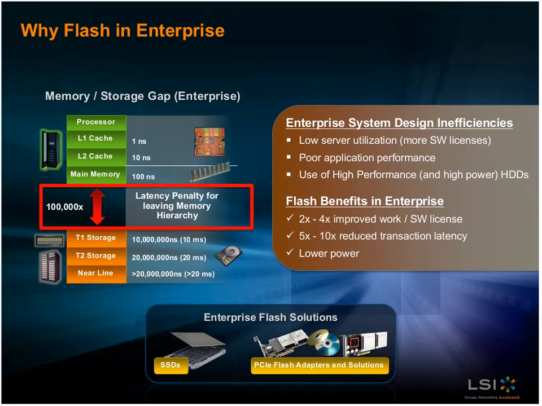Some of the benefits of flash in that same enterprise would be 2 to 4 times improved work per server or per software license. So you don't need to apply a database license in order to scale. You could apply flash and get the same benefit without the additional management of a database license and installation of that software license. You get a 5 to 10x reduced transaction latency.